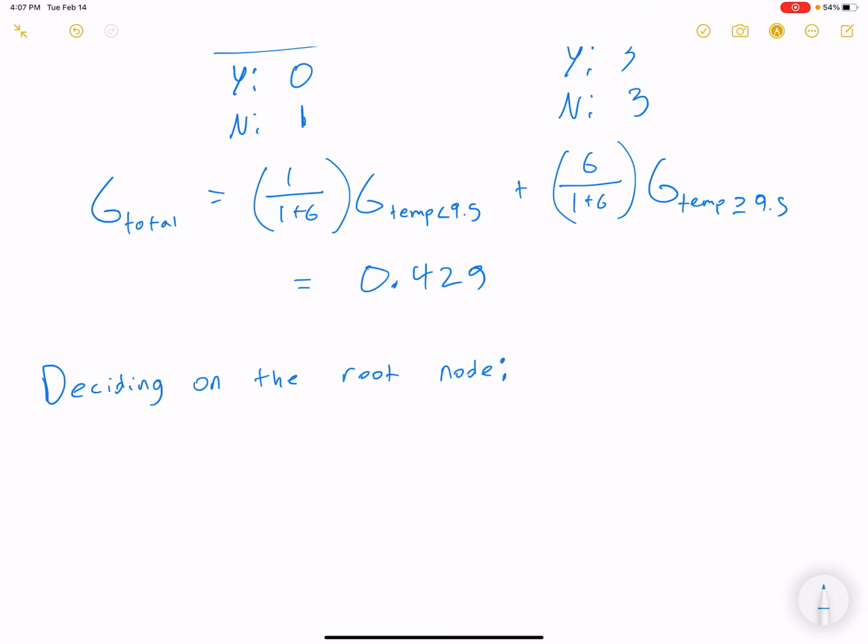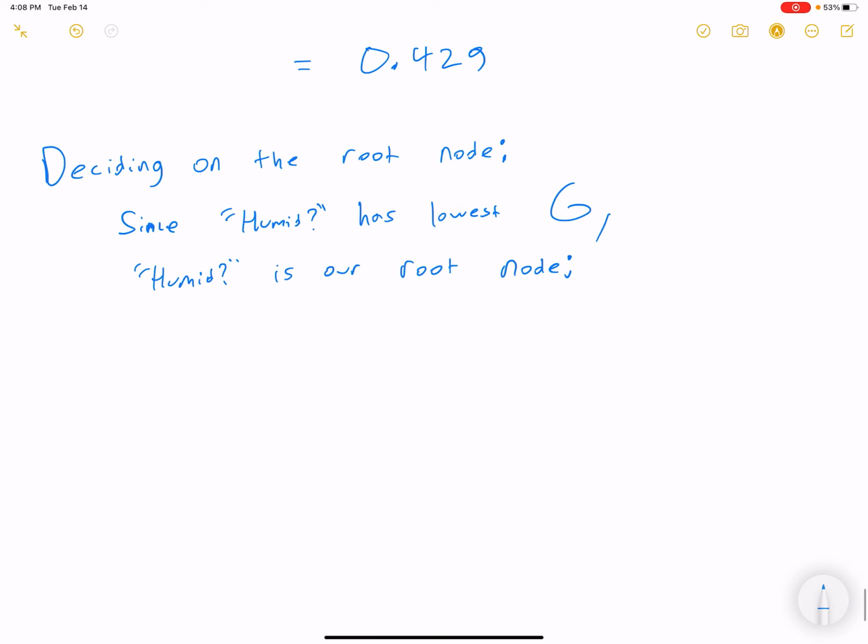Since humid has the lowest Gini impurity, humid is our root node.